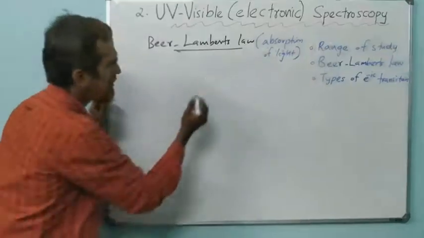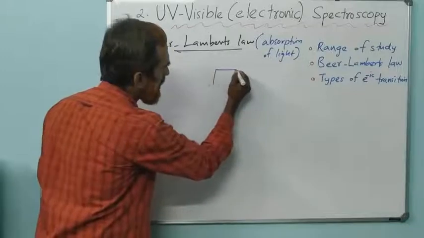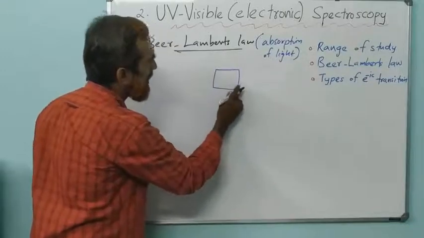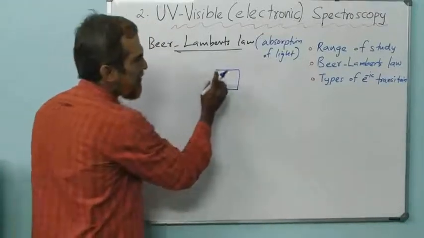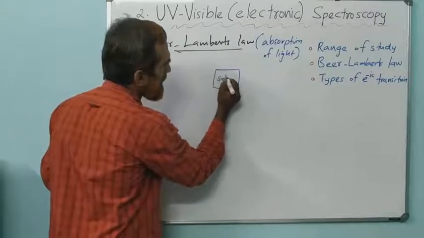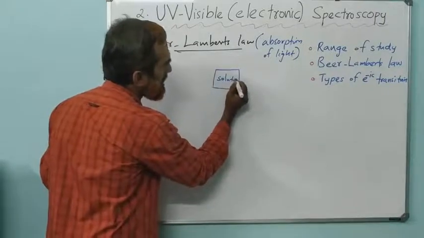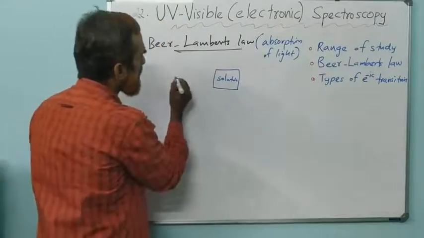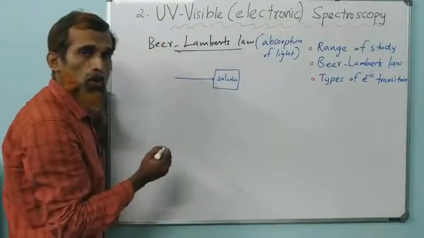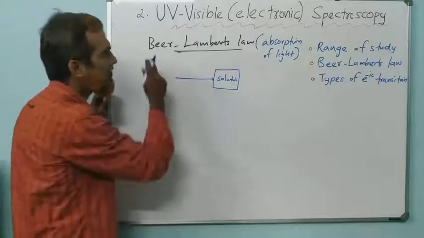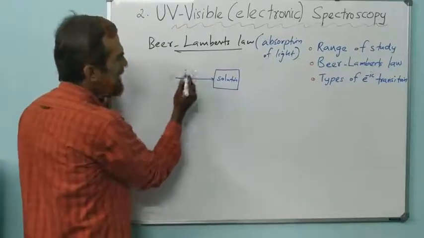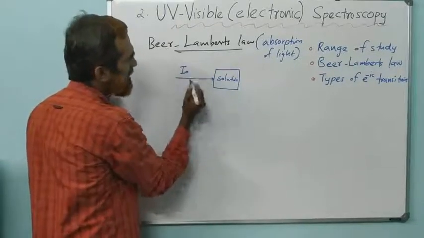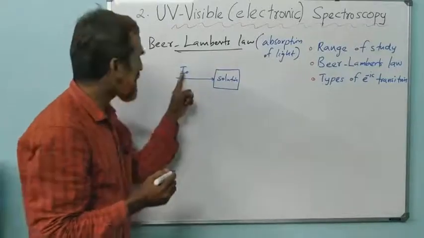Let's consider a case. We have an absorbing medium here, say for example a solution which contains some molecules which can absorb UV visible radiation, and we are sending a monochromatic radiation from UV visible range having an intensity I0, the intensity of the incident radiation.